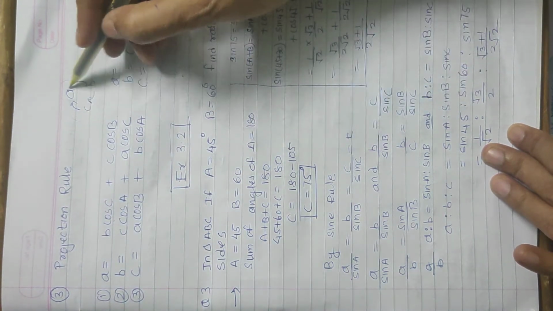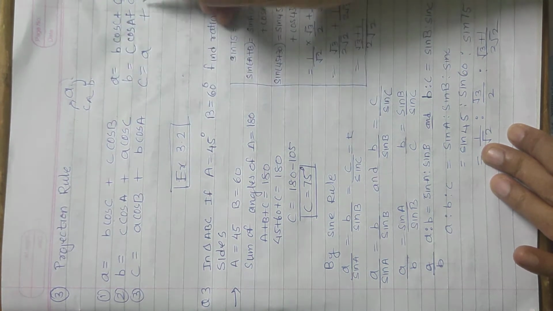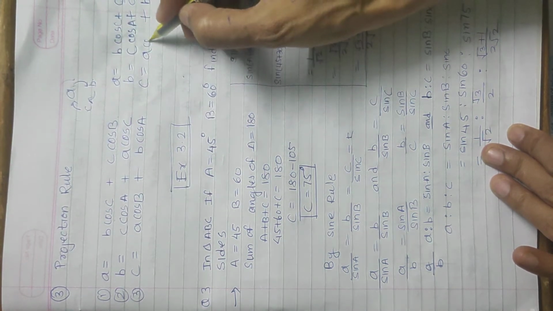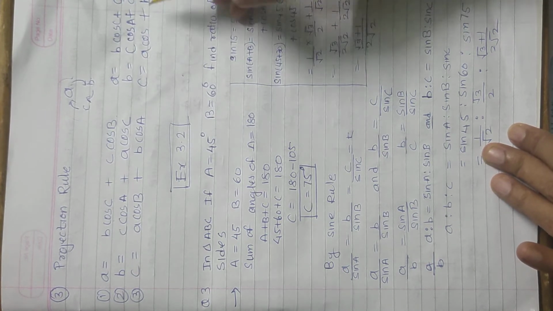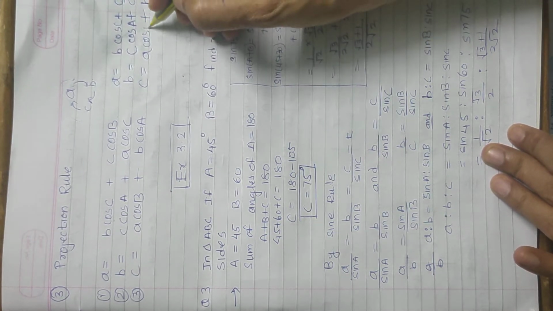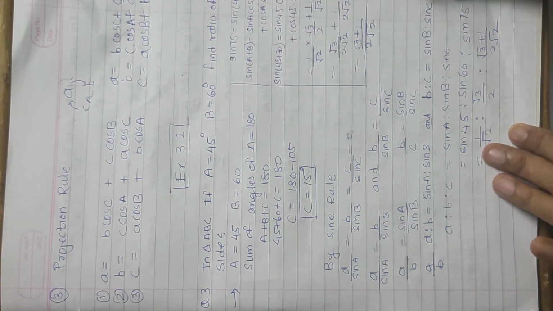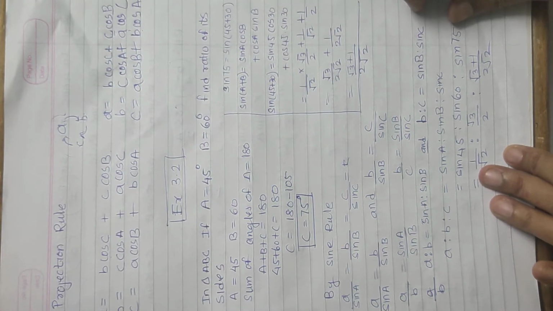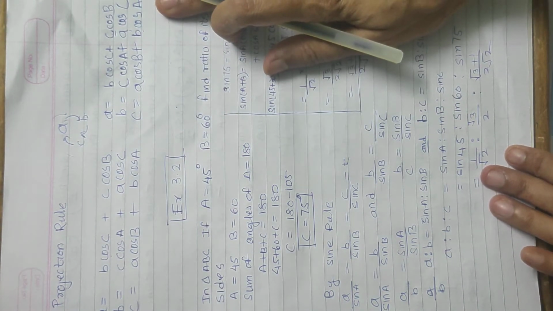After c what comes? a plus b, both you will write here cos, and here b is there, so here capital B. Here a is there, therefore here capital A. See, so in this way you will remember the formula.